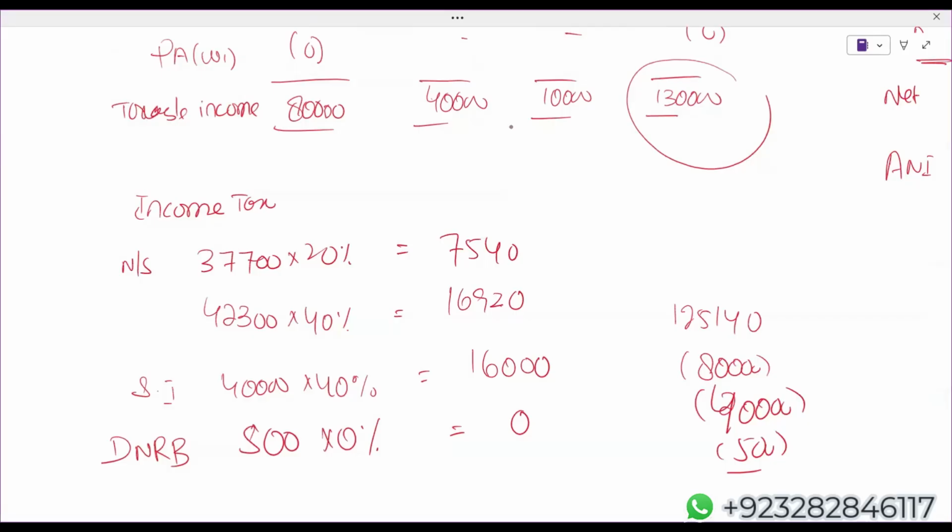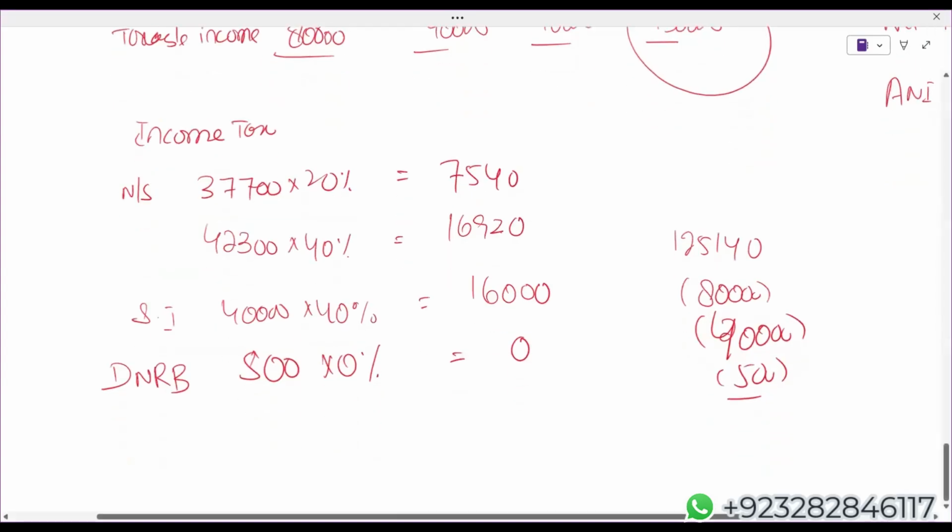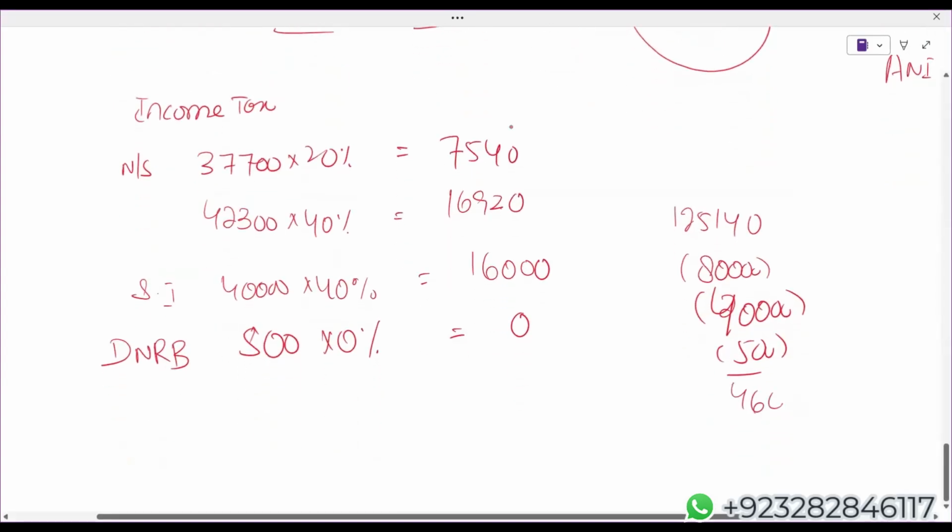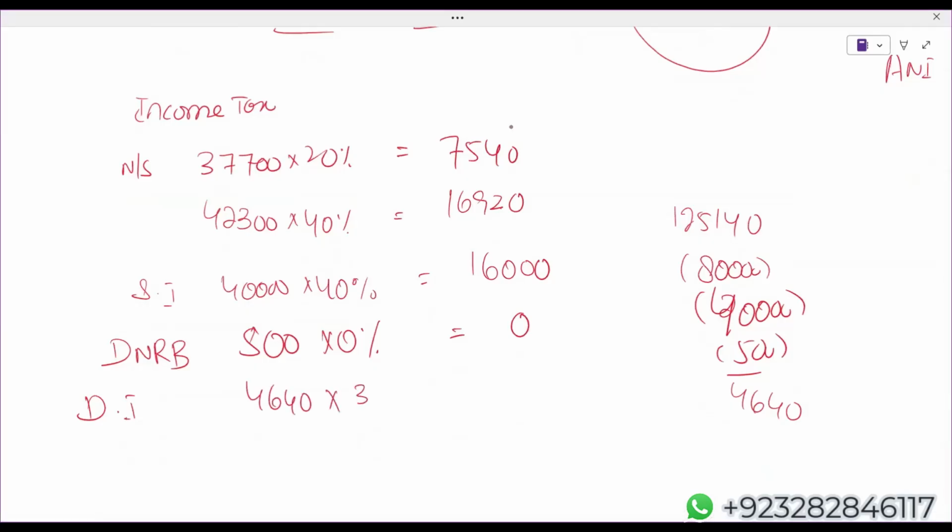So 1,25,140 minus 80,000 minus 40,000 minus 500, we still have 4640. Dividend income 4640 falls in high rate band. Applicable rate is 33.75%, 1566.